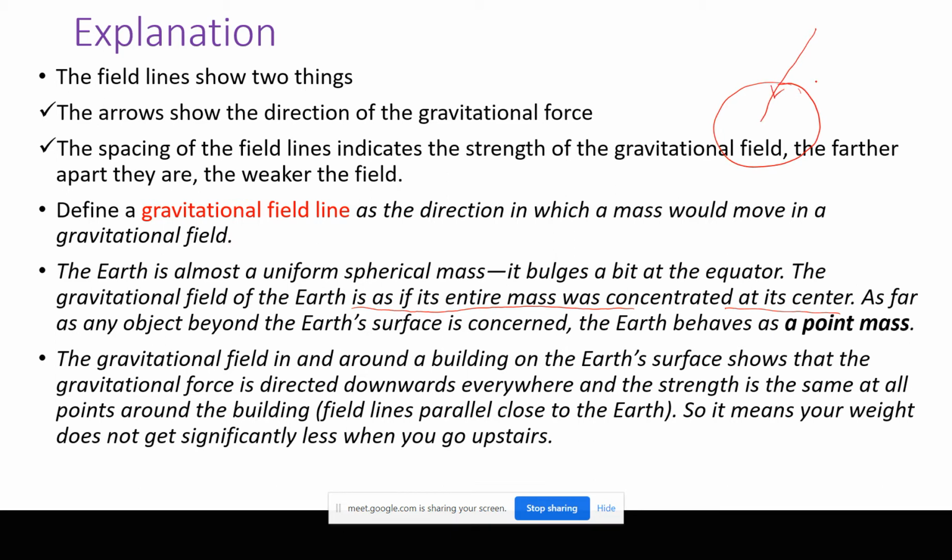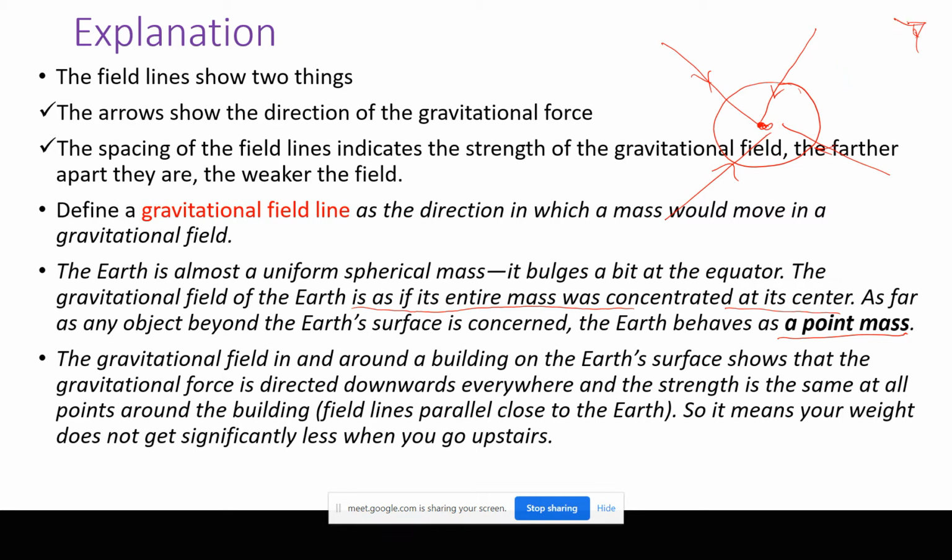What does that mean? It appears as if the entire mass of the Earth is concentrated at the center of the Earth. So if you were to observe the Earth from space, far away beyond the Earth's surface, you would get an impression as if the Earth is behaving like a point mass, because the field lines are radial and appear to be terminating at the center, so it appears as if all the mass of the Earth is concentrated at the center, because every object in the Earth's gravitational field is tending towards the center.